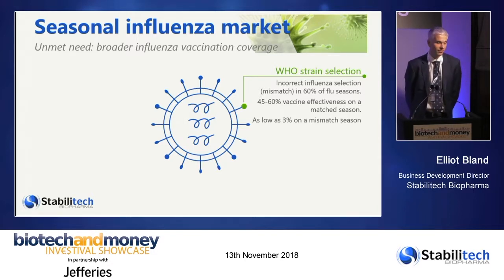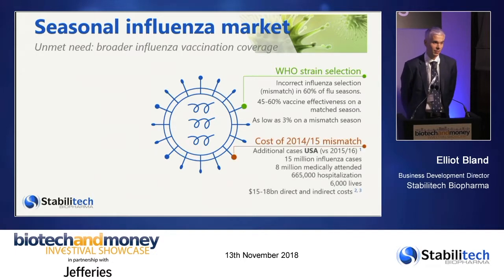And because of that, the vaccine effectiveness never rises above 45 to 60%, even on a well-matched year, and on a poorly matched year, that will nosedive down to as low as 3%. That has an immediate impact on the local population in terms of the numbers of infections and the cost to the economy in both direct and indirect healthcare costs.